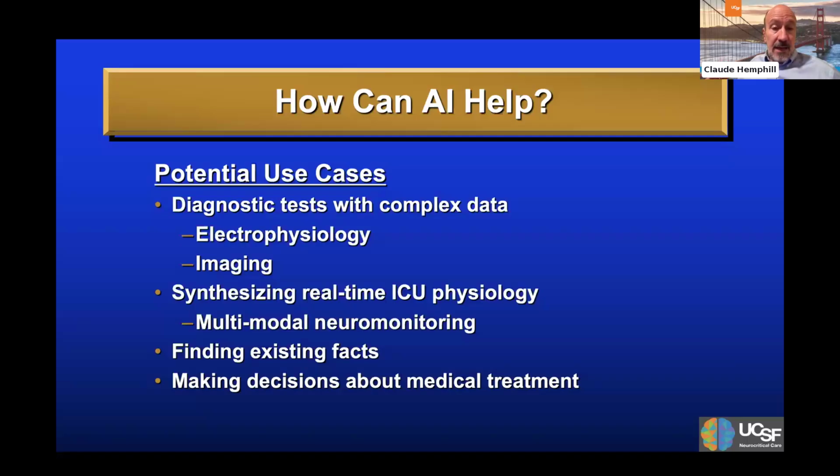Finding existing facts, okay, that's really important. Getting into that medical literature and other aspects that exist there that I need to access. And then how about making decisions about medical treatment? This is something that is certainly, I would say, controversial now, but there's a lot of interest in this potentially as well.